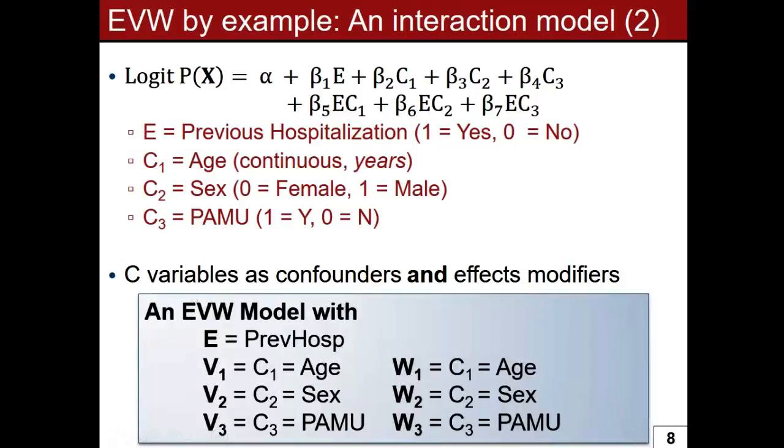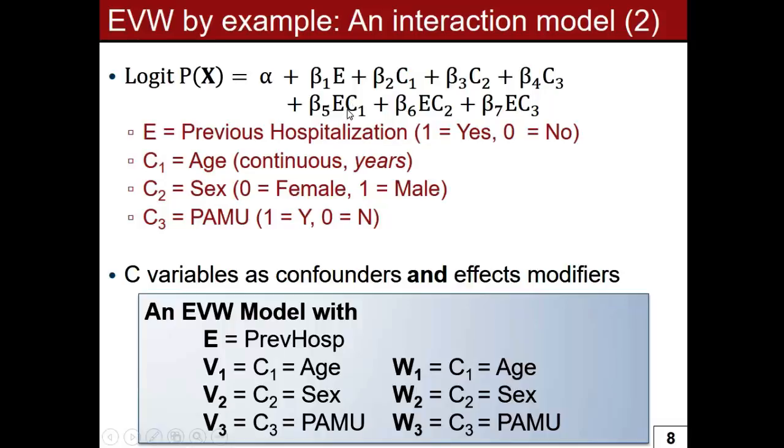And lo and behold, age appears in 2 sort of roles. You shouldn't say hats because it has a statistical meaning, so wardrobes. And age appears in 2 ways. It's both a control variable for the sake of confounding up here, and it also reappears down here as a product multiplying exposure.